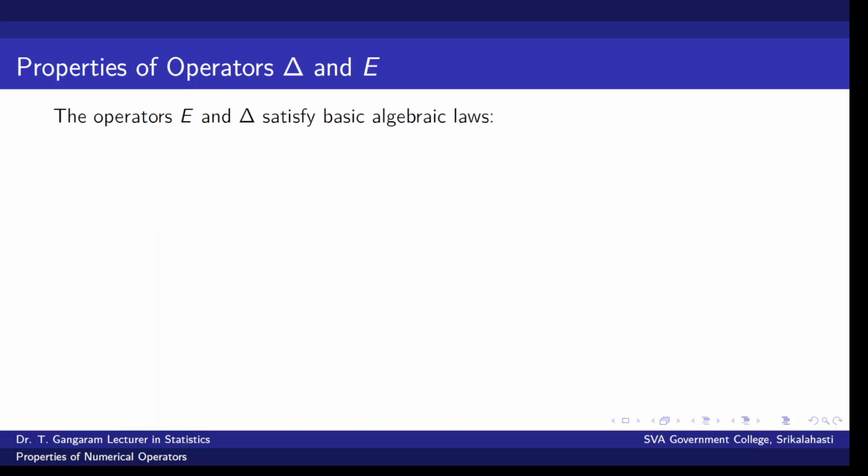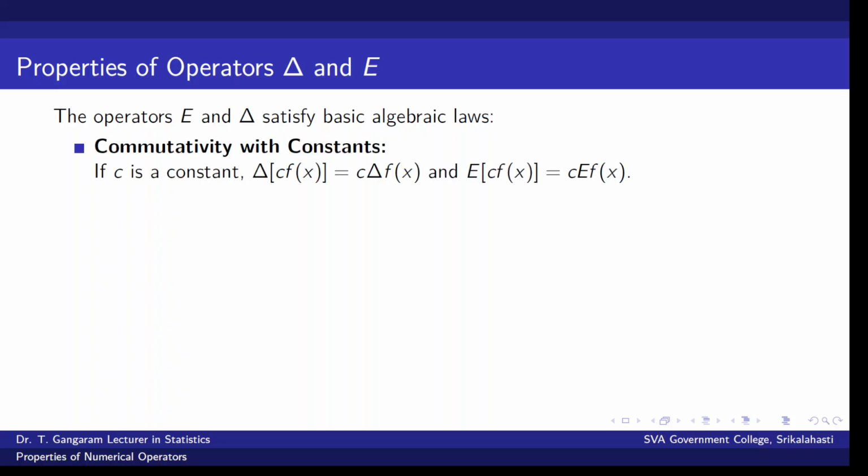The operators E and delta satisfy basic algebraic laws. Next, the commutativity with respect to constants: if C is a constant, delta of C f of x can be written as C into delta f of x, and E of C f of x can be written as C into E of f of x.